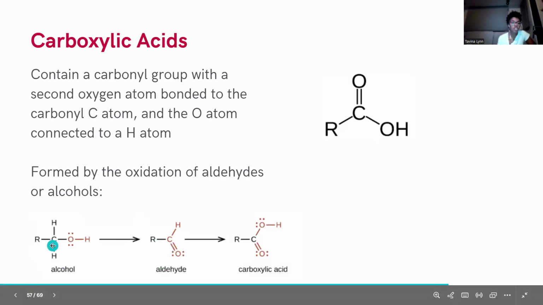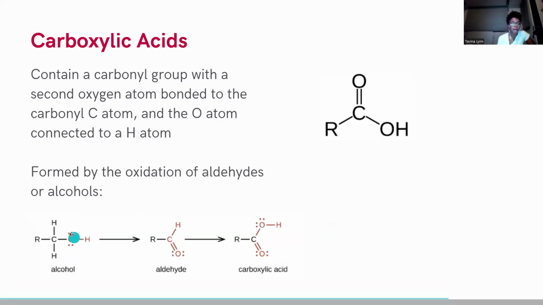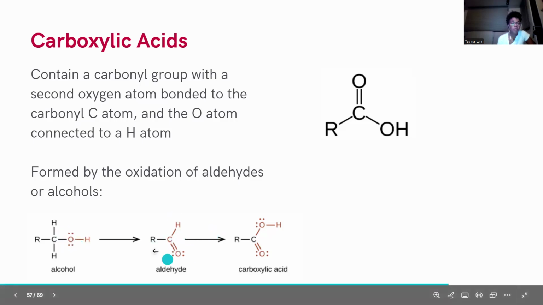And in its oxidation, we have a single bond between this carbon and oxygen. It's oxidized to a double bond. So we form this aldehyde, and then this aldehyde can undergo further oxidation to form this carboxylic acid.